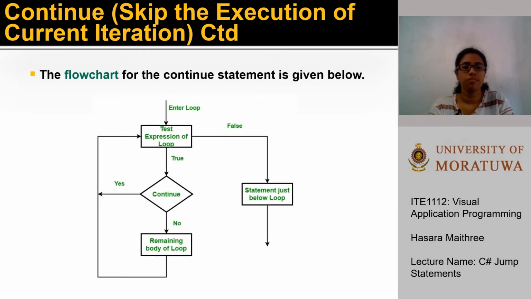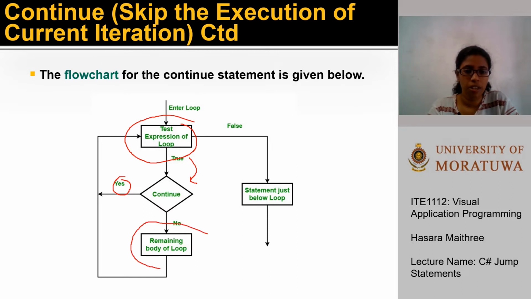Here you can see the flow chart for the continue statement, and this is the test expression of the loop, and when the test expression of the loop is true, we enter into the loop body. Suppose we have a continue statement in the loop body, and when the condition for the continue statement is true, you can see that the remaining body of the loop is skipped.